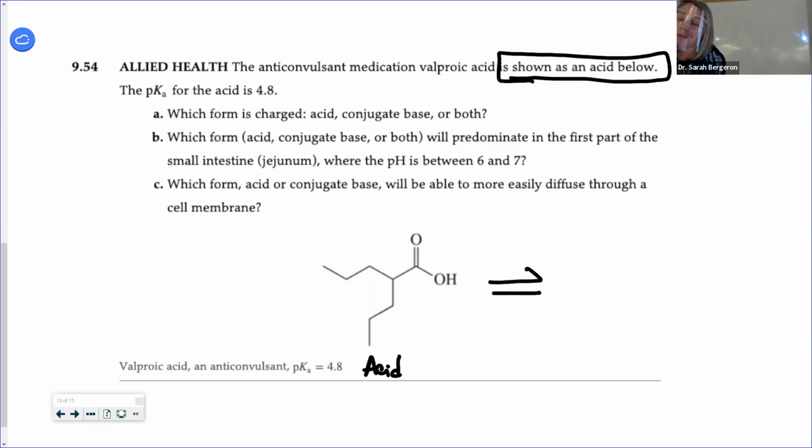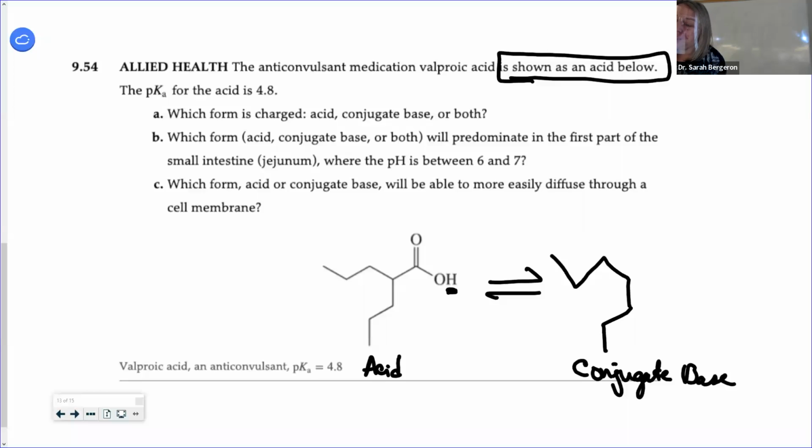Now, what happens if I want to turn it into the conjugate base? I'm going to lose the hydrogen. Which hydrogen do I lose? This bad boy right there. So all I have to do to draw this is to draw exactly the same thing.